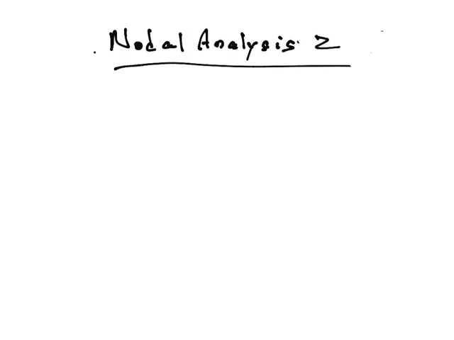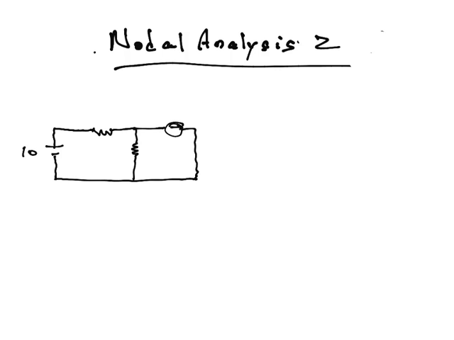The best way to see is to start with something we can actually work on. So let's say we have this as an example. All right, so there's our circuit.